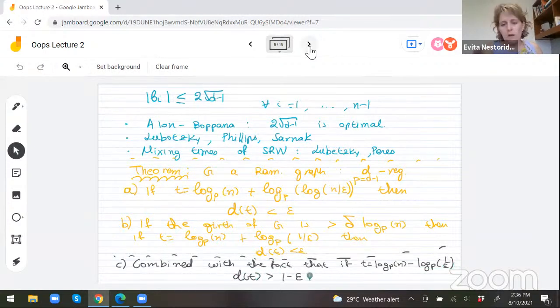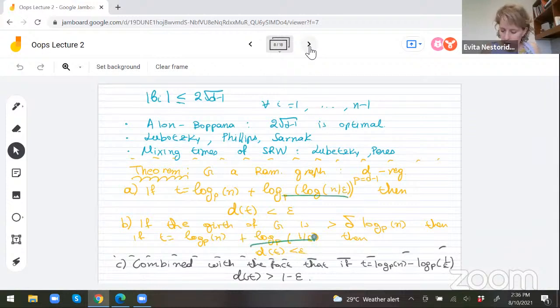And this is a very easy argument. Basically, you cannot reach many vertices if you take only this many steps. So this is very standard. And we notice that the main term here, both on the upper and lower bounds, is the same.